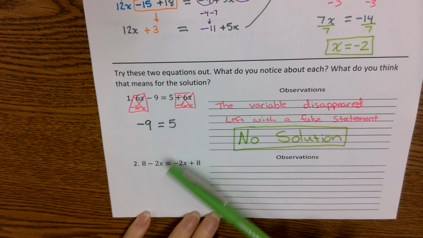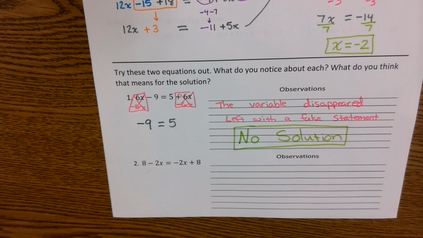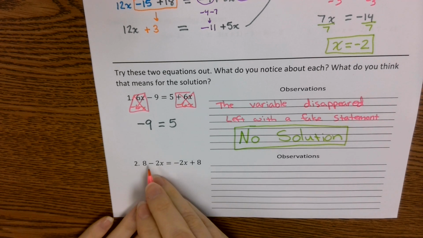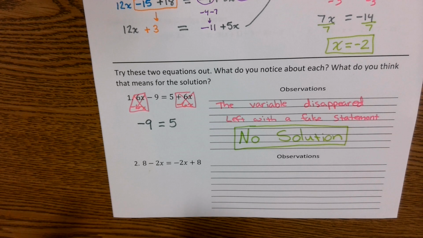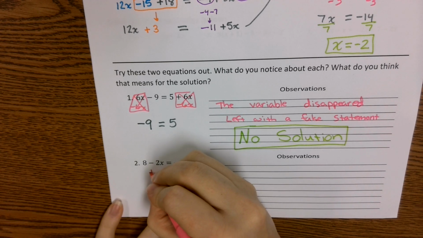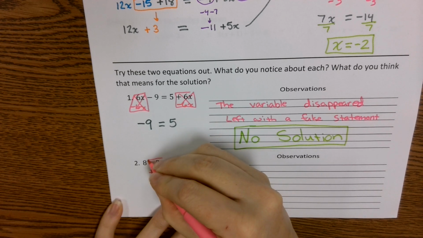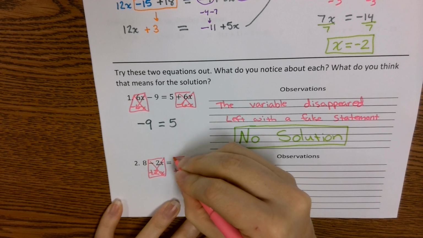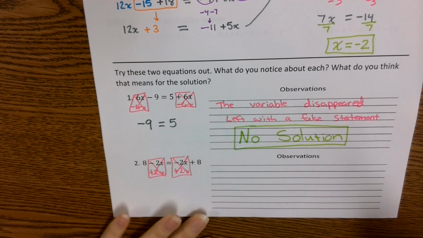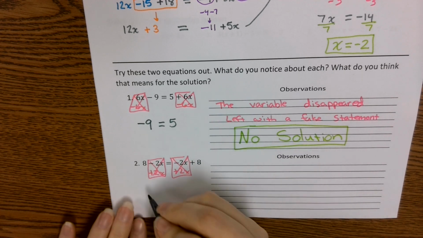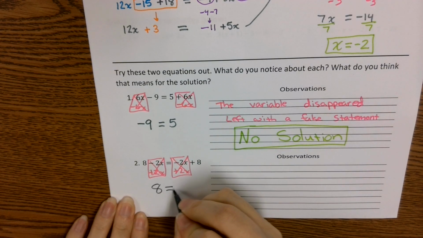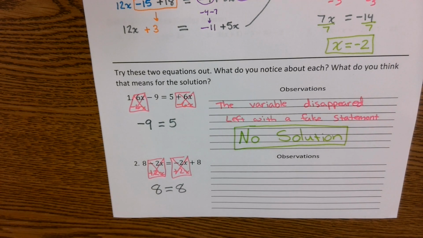Now let's take a look at problem 2. Same process, right? We have 8 minus 2x is equal to negative 2x plus 8. If I add 2x to both sides, again, the x's cancel out, don't they? They become zeros. But this time, what are we left with? 8 equals 8. Okay, so similar situation.